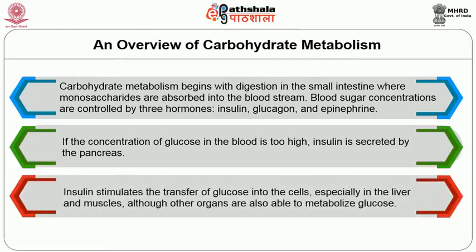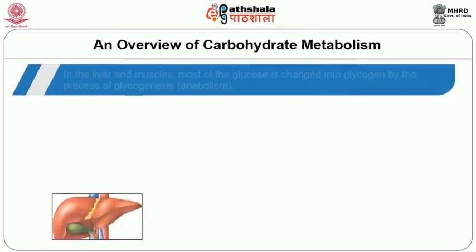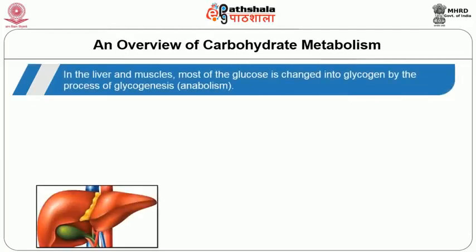Insulin stimulates the transfer of glucose into cells, especially in the liver and muscles, although other organs are also able to metabolize glucose. In the liver and muscles, most of the glucose is changed into glycogen by the process of glycogenesis, which is also called anabolism.